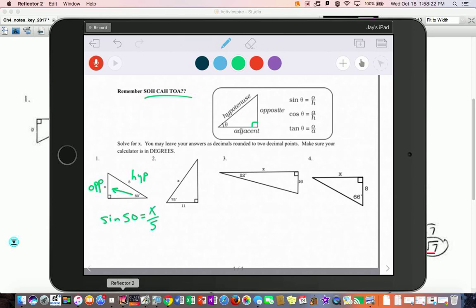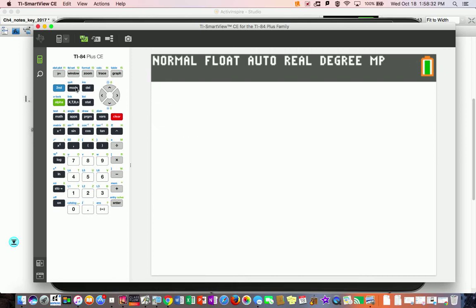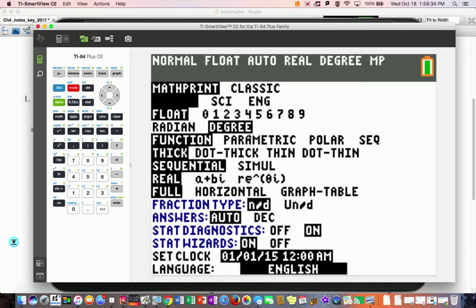And to solve that, I just multiply both sides by 5. And my x will be approximately, so we go over to the calculator. One of the things we want to make sure is that our calculator is in degree mode. So go down to degrees, hit enter, because we're dealing with 50 degrees.